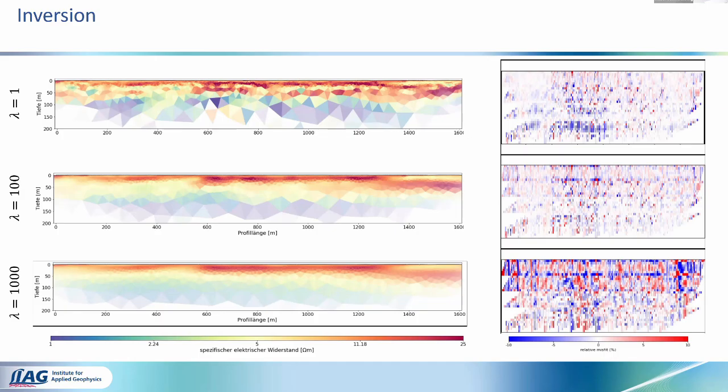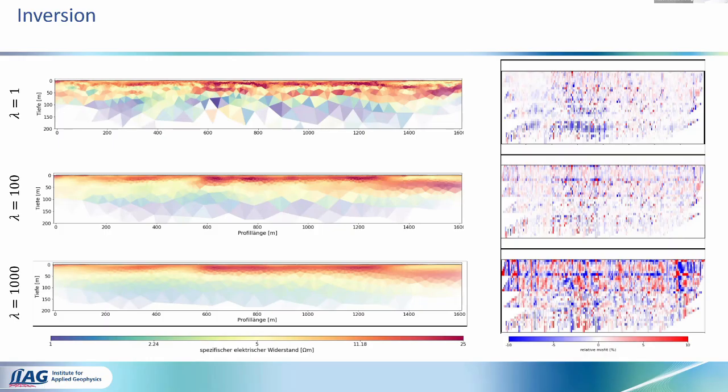But we have a little bit of an idea how to control this. What you see here is the match between measured data and synthetic data. They should somehow be similar. So this is the misfit. It should look kind of random, because that's what I have in my data, some random noise.